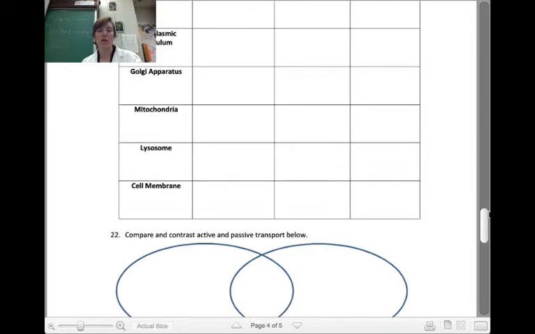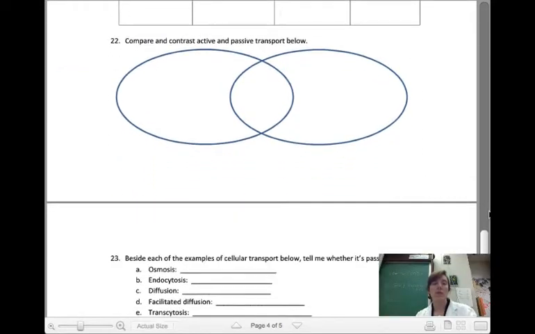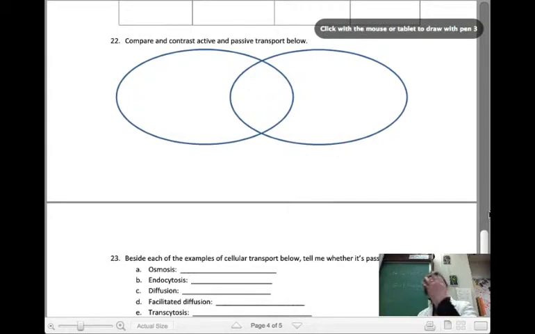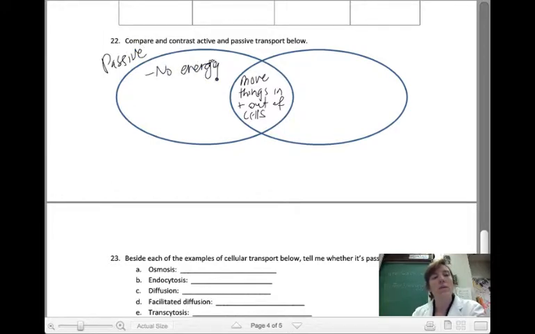All right, we are cruising now. So let's just talk about active versus passive transport. So both of them move substances in and out of cells. But passive, which I'll put over here, uses no energy to do it.